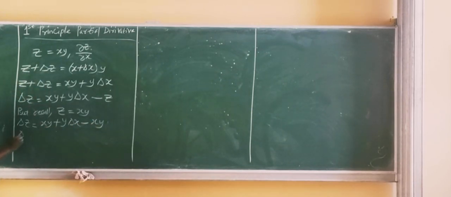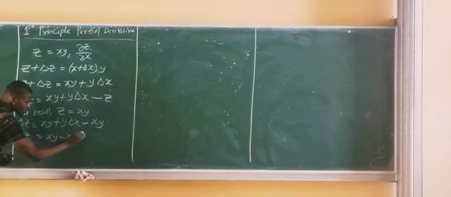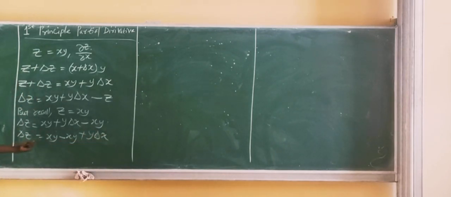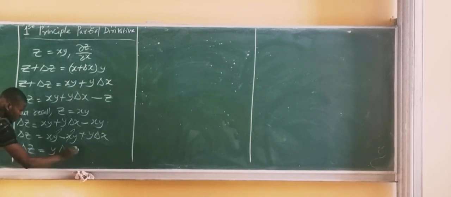Okay, so change in z is now equal to, let me connect like terms together. I have xy here, let me bring minus xy to this. I have minus xy plus y change in x. So notice that at this point, xy can strike xy out. So I'm left with change in z equal to y change in x.